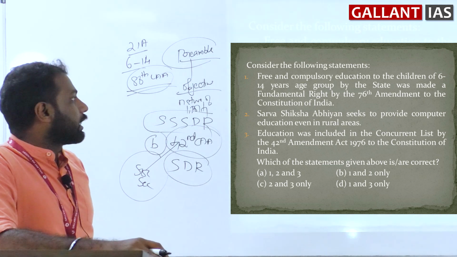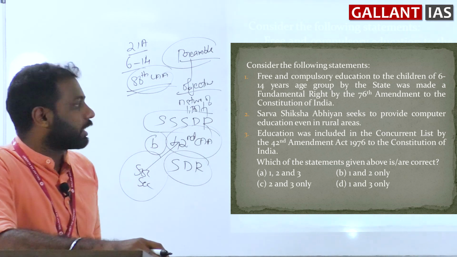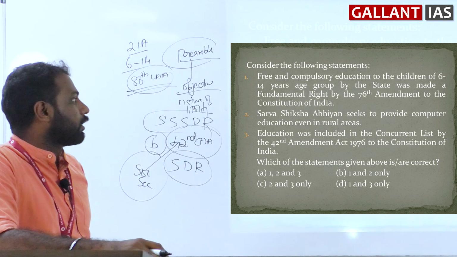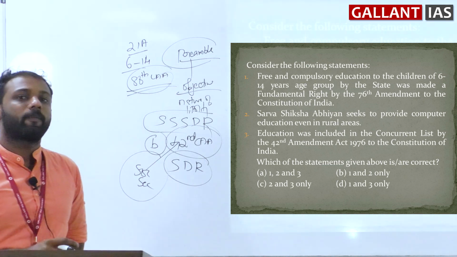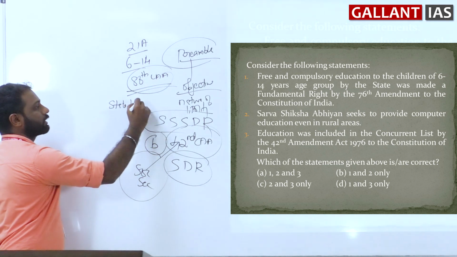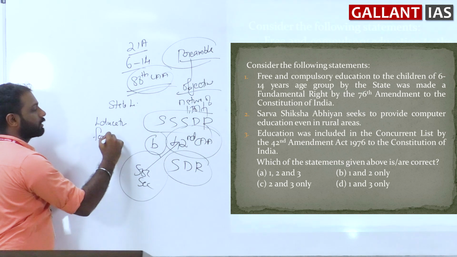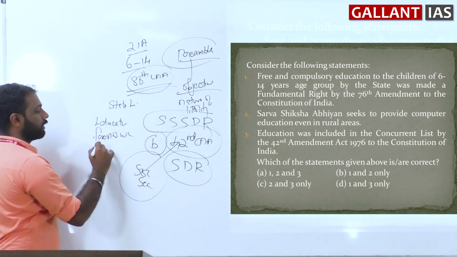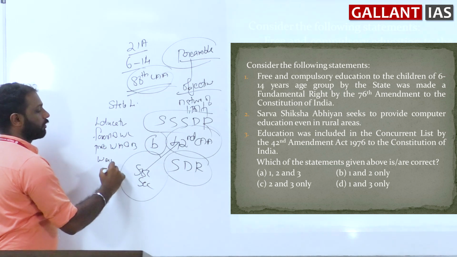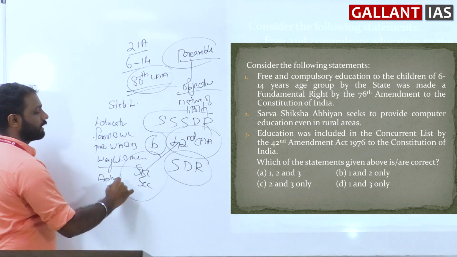Clear? Sarva Shiksha Abhiyan seeks to provide computer education even in rural areas. That's a fine statement, correct only. And education was included in the concurrent list by the 42nd Amendment Act of 1976. Earlier, education was under the state list, along with forest and wildlife, protection of wild animals and birds, weights and measures, and administration of justice.